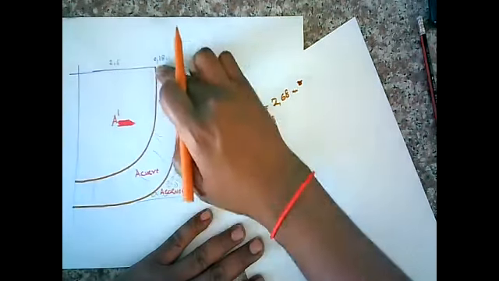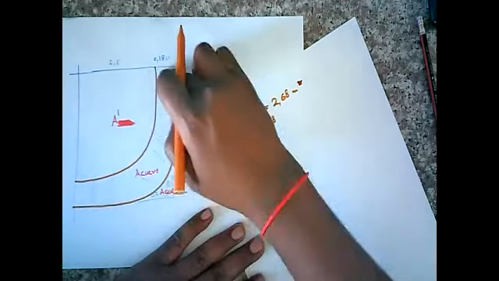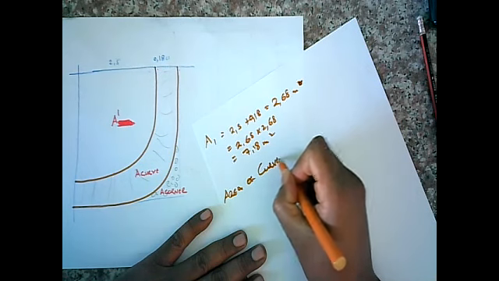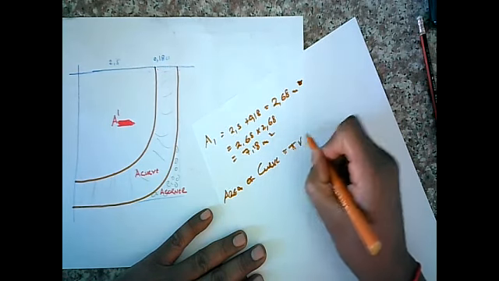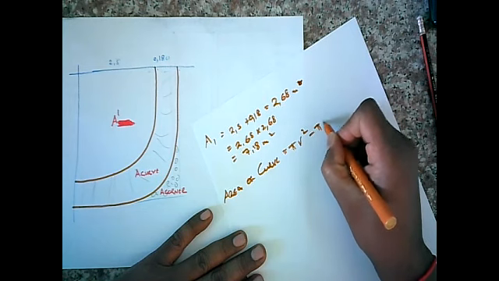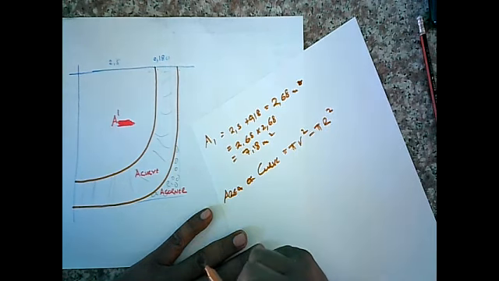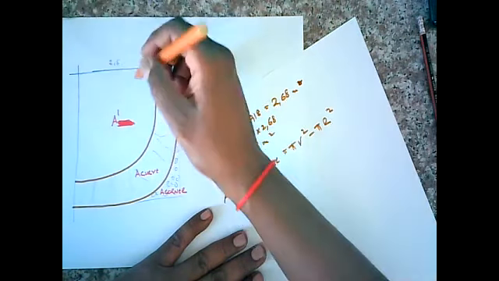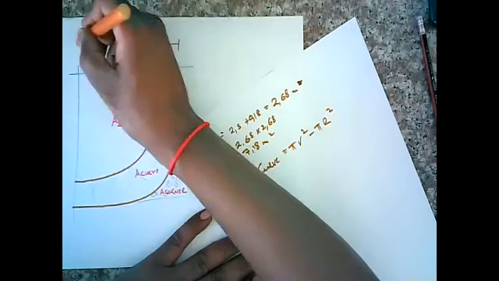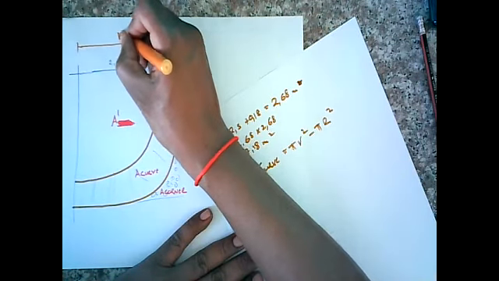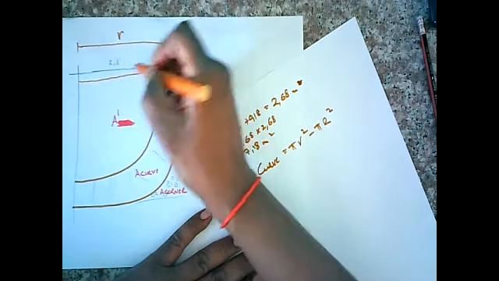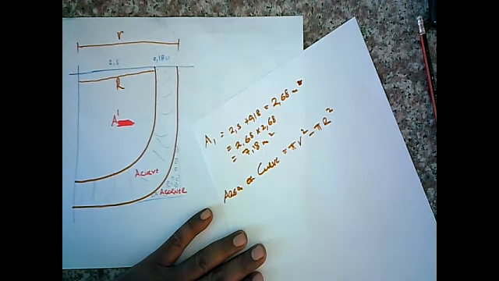All right, now let's find the area of this guy here, the curve. And let's call it area of curve. See, easy: big R minus small r. Let's say from here to here is our radius. And then from here to here is big R, right?